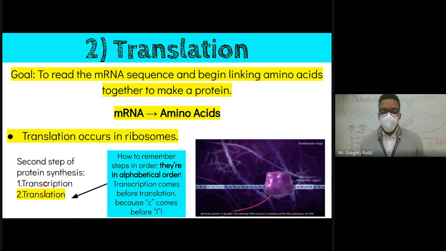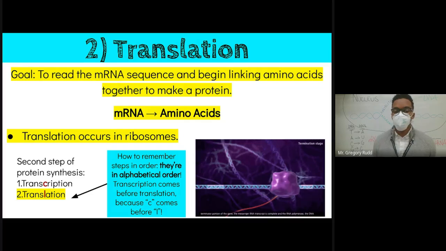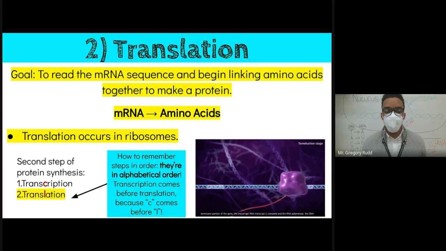I try to remember the order of these two processes because transcription is alphabetically before translation. So therefore, transcription is the first process, followed by translation.